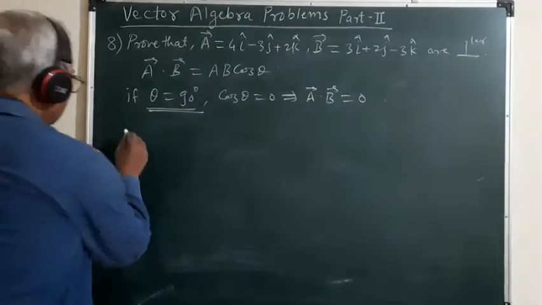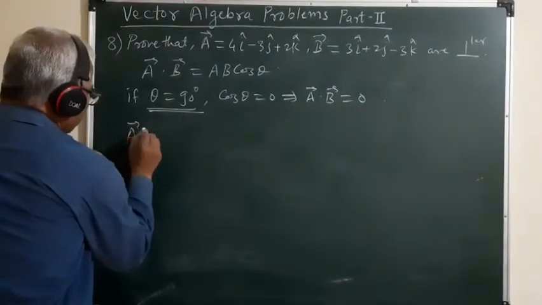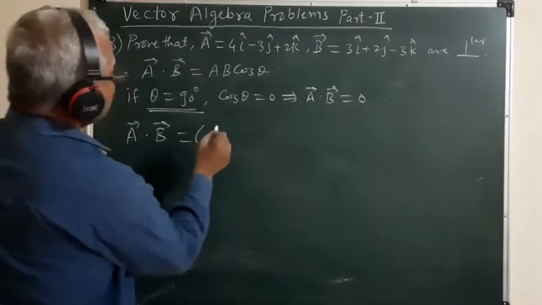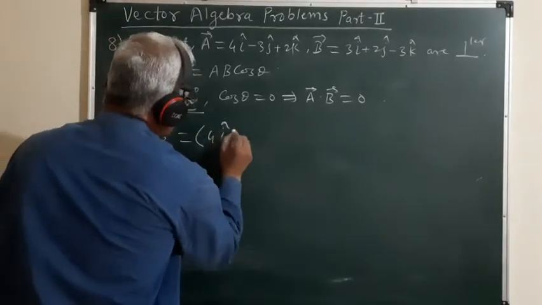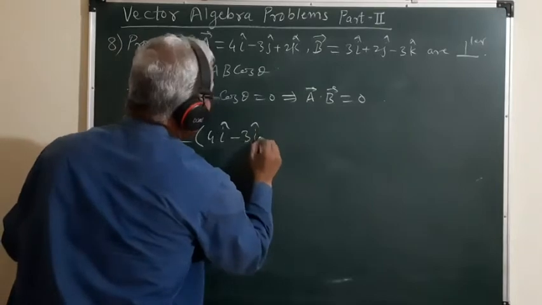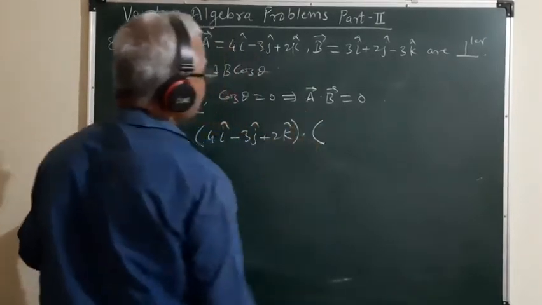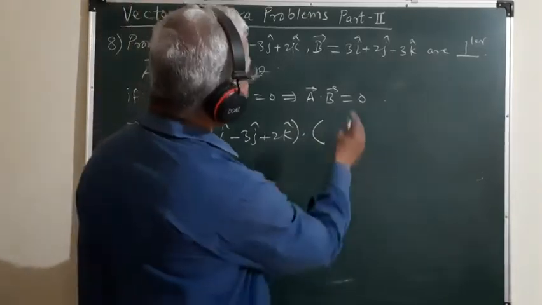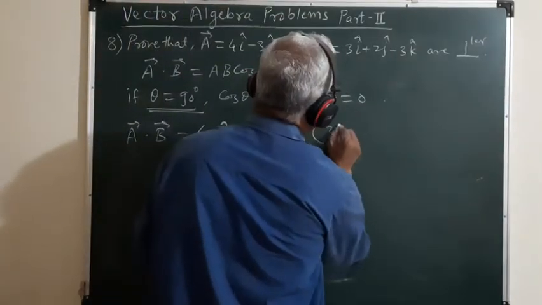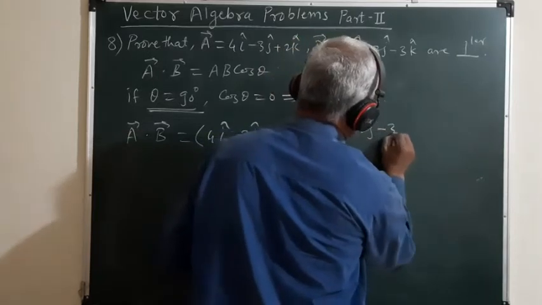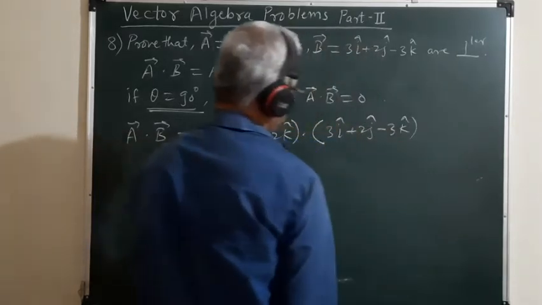So let us evaluate the dot product of the vectors a bar and b bar. A bar is 4i cap minus 3j cap plus 2k cap, into b bar, which is 3i cap plus 2j cap minus 3k cap.